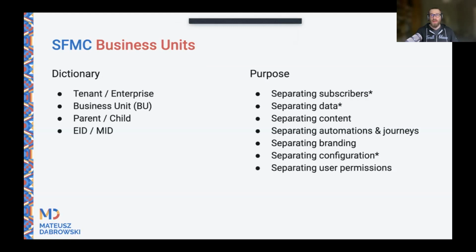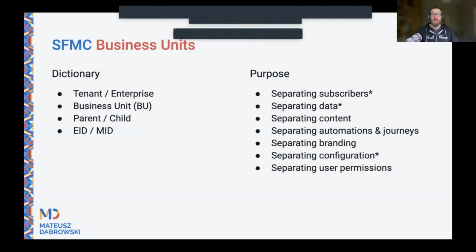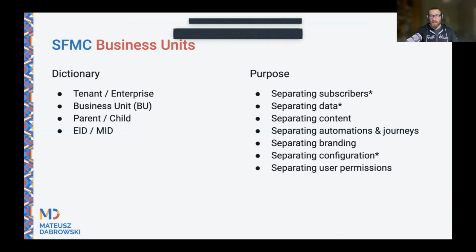But for example, you cannot share automation folders, journey folders. Data extensions, content, yes. Other elements of the Marketing Cloud, not really, but again, there are some exceptions, like for example, publication lists. You cannot share the folder, but you can create shared publication lists. So it depends on a specific case, actually.